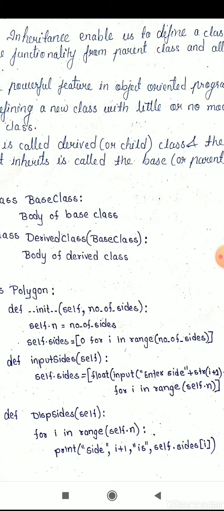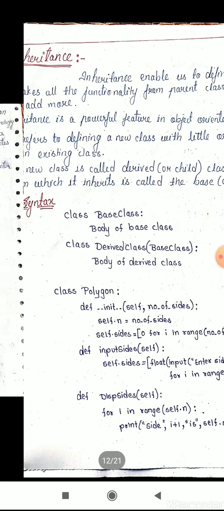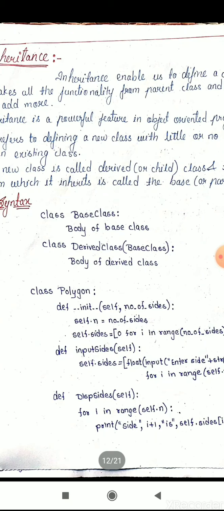Let's directly move to the example so that you will understand it. So here I have defined a class named Polygon. Polygon means it may have 3 sides, 4 sides, any number of sides. Depending on that, if the polygon is having 3 sides, we call it a triangle. If it is having 4 equal sides, then we call it a square, and likewise.